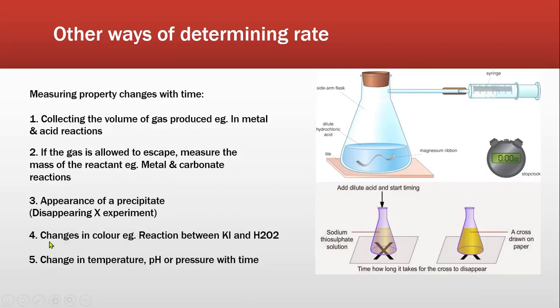You can also measure changes in color. For example, between potassium iodide and hydrogen peroxide, you see a brown color being formed. And you can also note changes in temperature, pH, or pressure with time. The key here is measuring any changes with time.